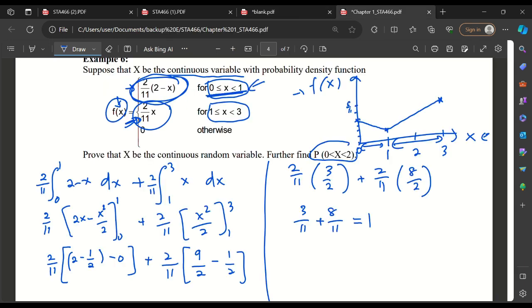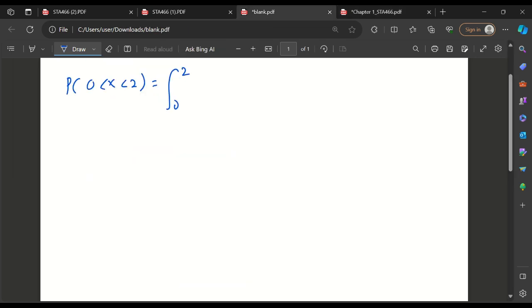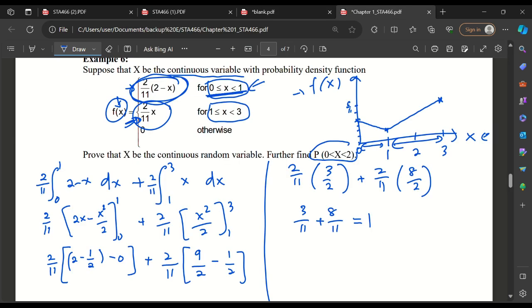In this case, there are two functions. 2 over 11 multiply 2 minus x and 2 over 11x. So, which one do we use? Which function? So, look at the interval from 0 to 2. From 0 to 2, so which one? Here 0 to 1. Here for 0 to 1 use the first function. Okay, 1 to 2 has to use the second function.